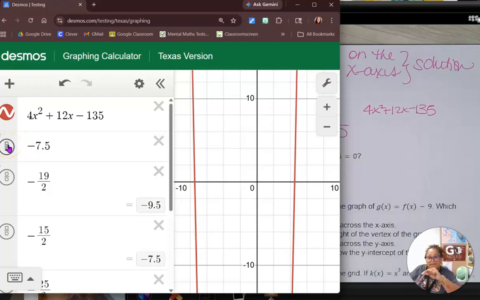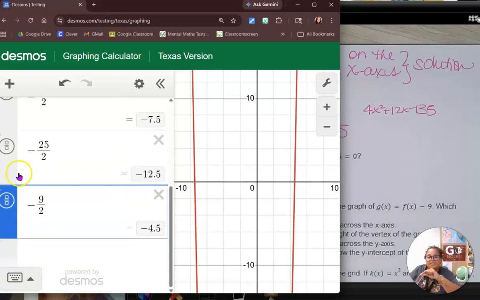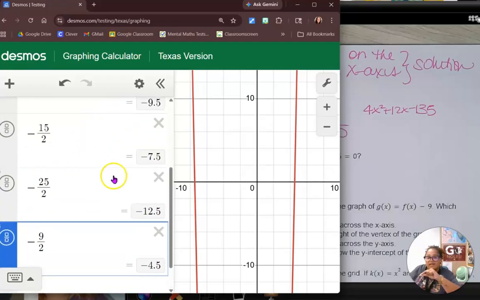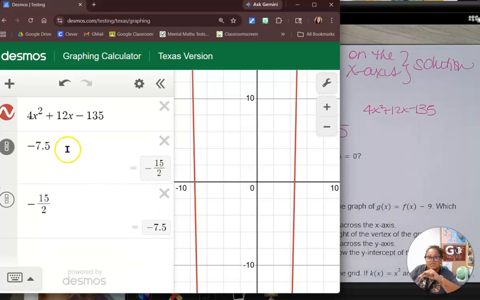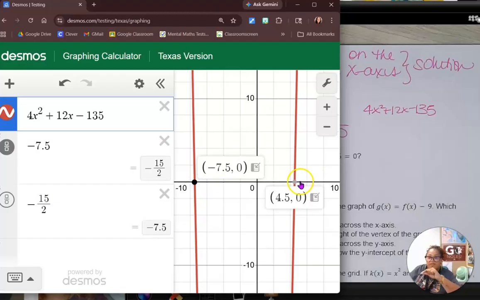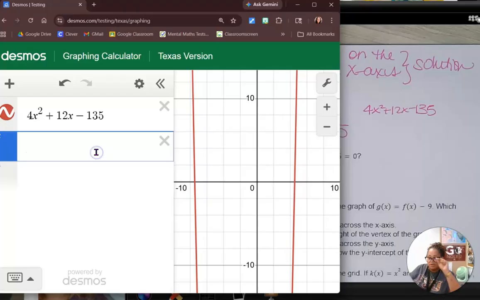I can either type it in myself and then convert it to a fraction, or I can go match the other ones and see that this is the one that I need right here. Delete, delete, delete. So these are saying the same thing. So this is one of my zeros. The other one is 4.5. Clear that out. 4.5. Turn that into a fraction, 9 halves.